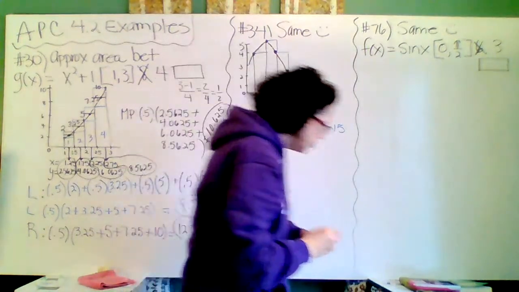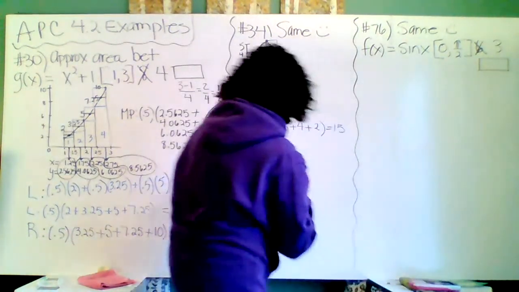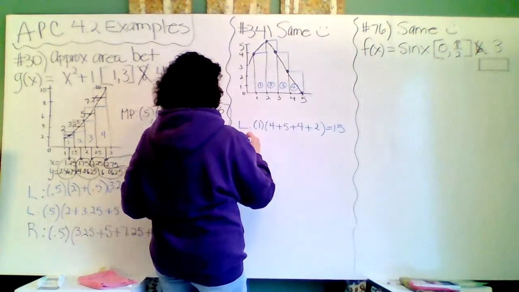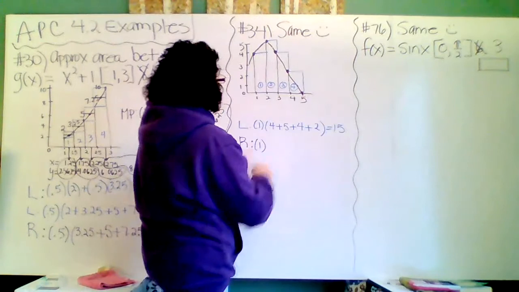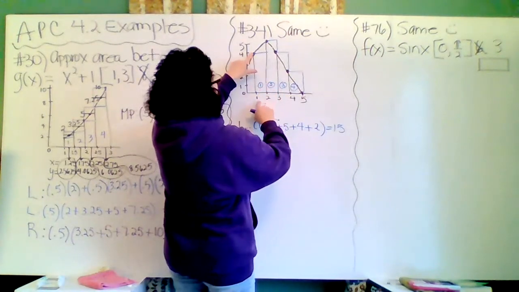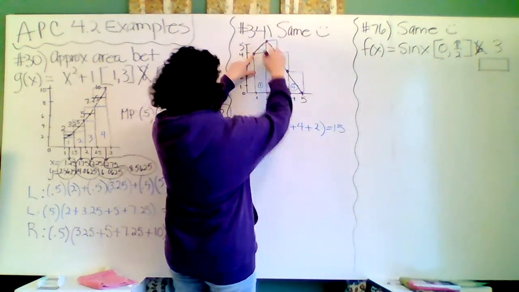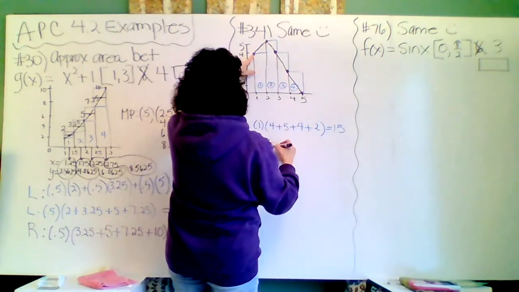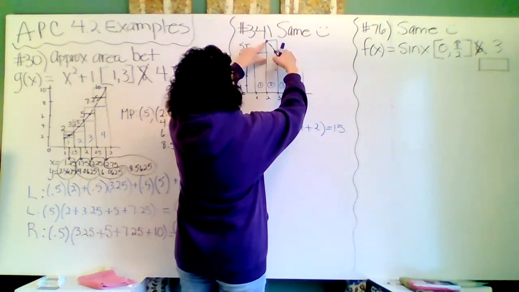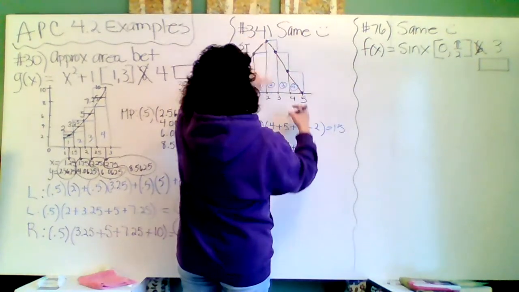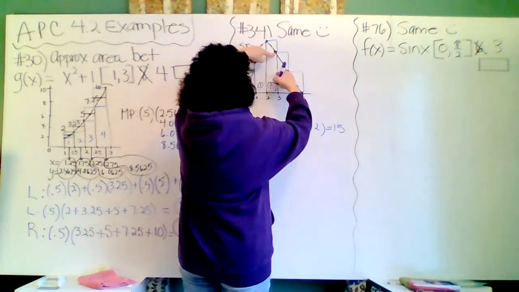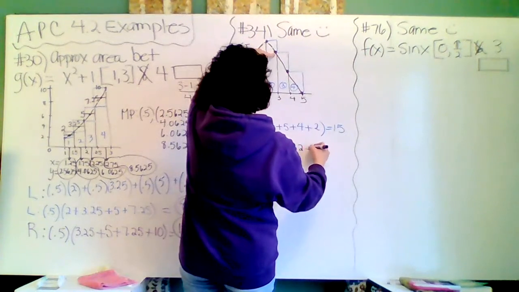There we go. Let's do right. Notice each of the bases is still 1. First rectangle, height, we're doing from the right, so 5. Second rectangle, we're doing right, so 4. Third rectangle, we're doing right, so 2.